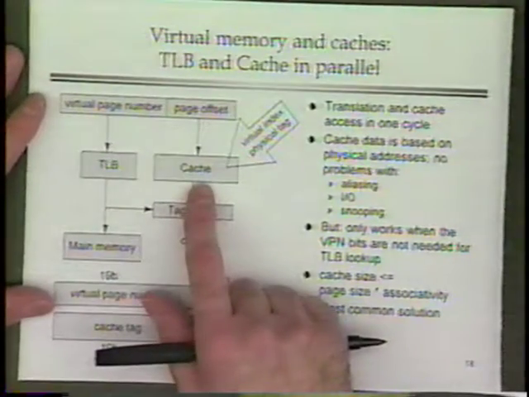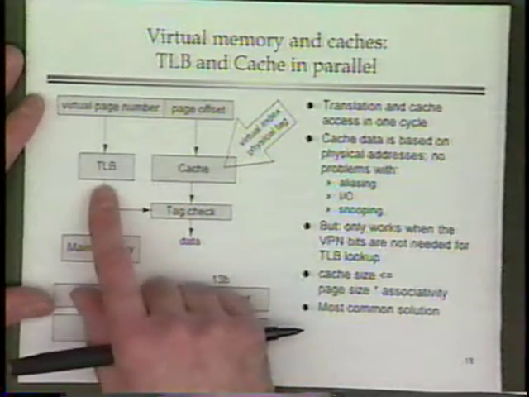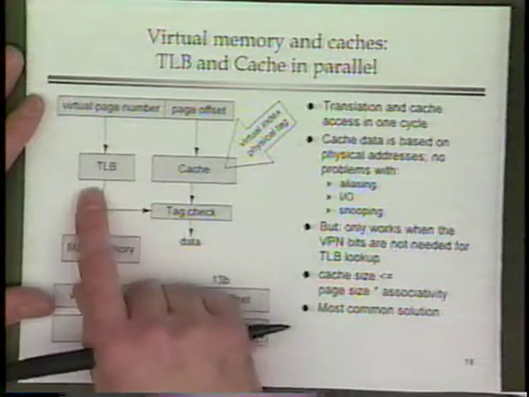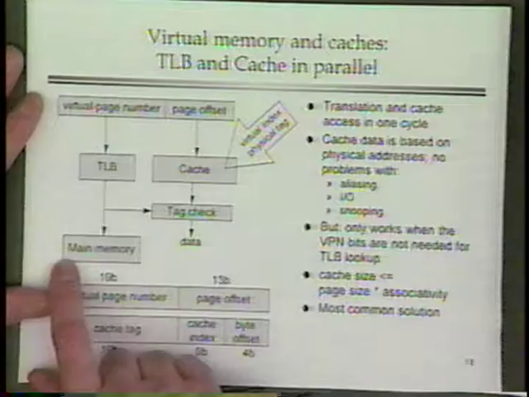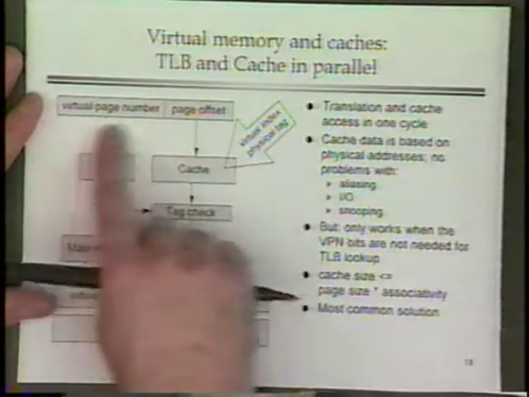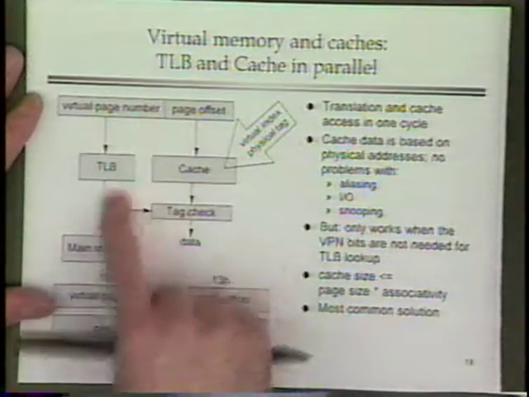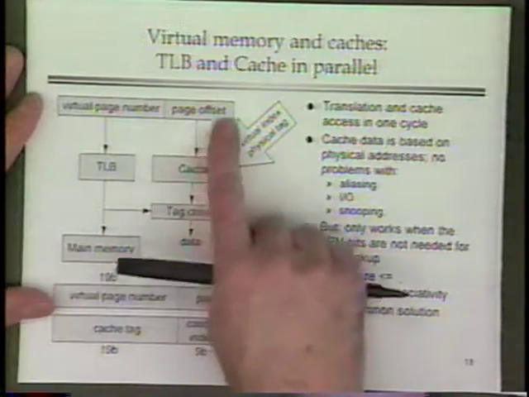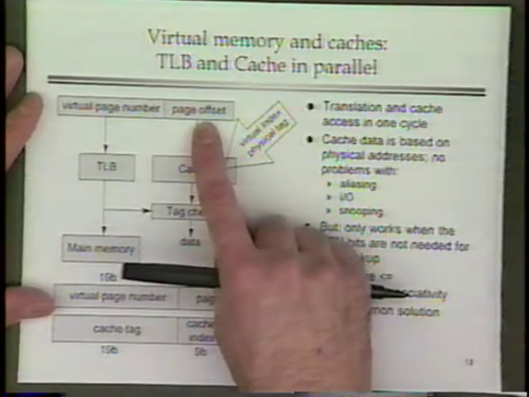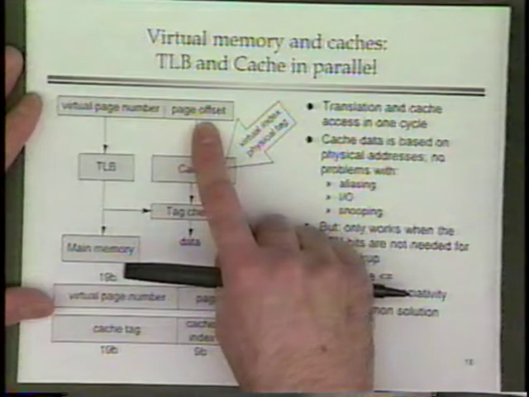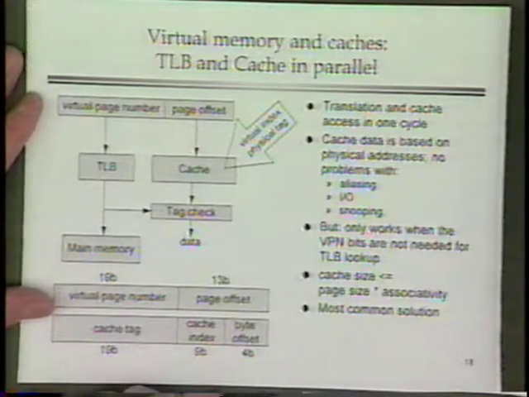It turns out that if we're clever, we can arrange to do the cache access, or at least part of the cache access, and the address translation in parallel. Remember that the virtual address is divided into a page number, which has to get translated to a physical page number, and an offset, which doesn't get translated to anything, which gets concatenated later with the physical page number.